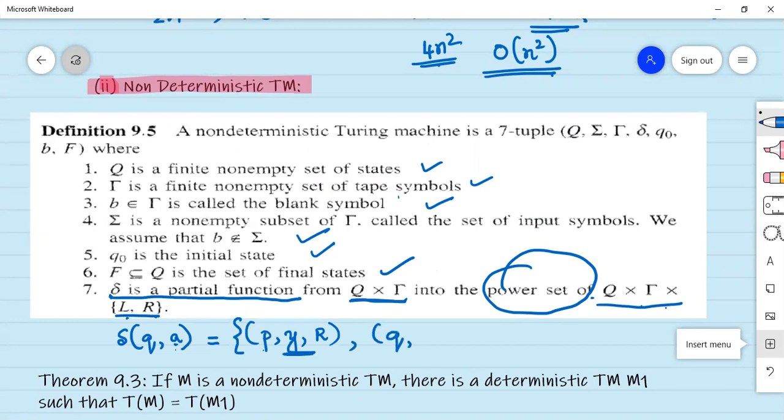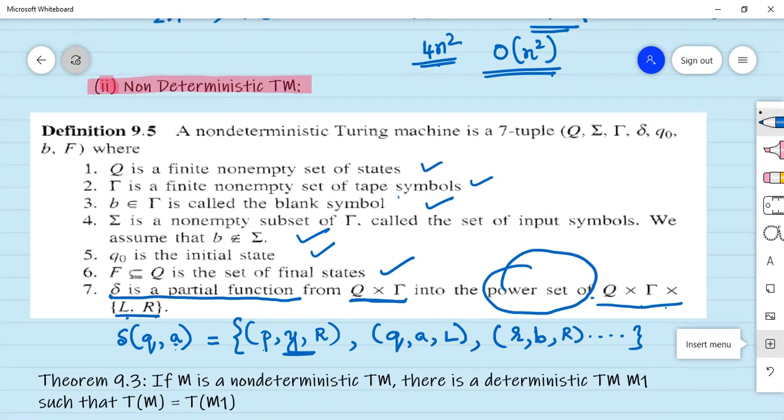I may remain in Q itself and not replace anything, just move left. Or I may go to a state R and replace this A by blank and go to the right, and like this you may have multiple options. That's why it is called a non-deterministic Turing machine.